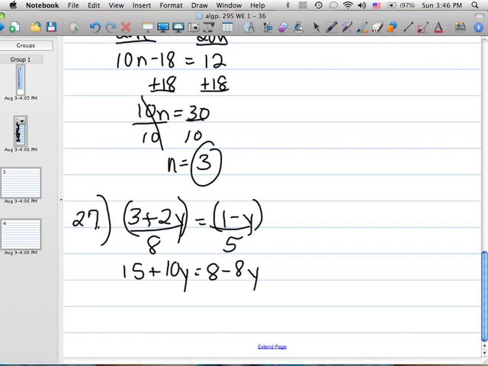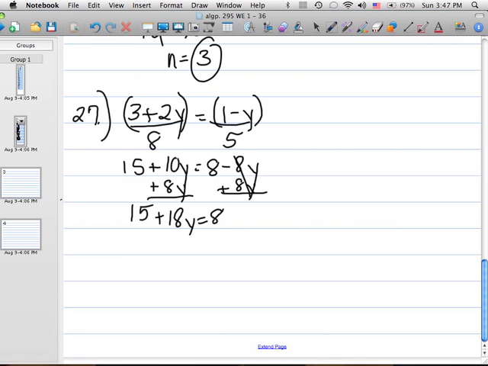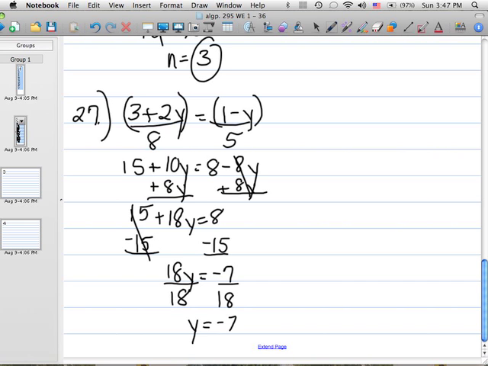Getting the y's first on one side, we're going to add 8y to both sides. So we have 15 plus 18y equals 8. I subtract the 15 from both sides. We get 18y equals negative 7. Divide both sides by 18, and y equals negative 7/18.